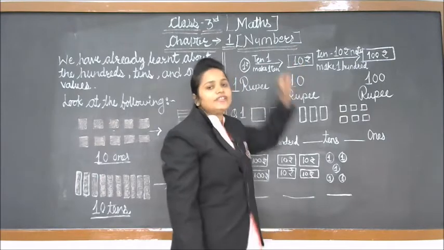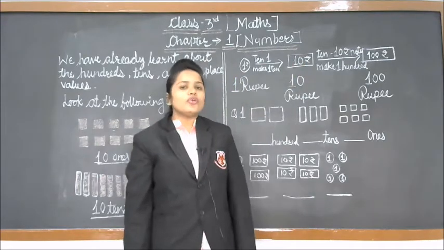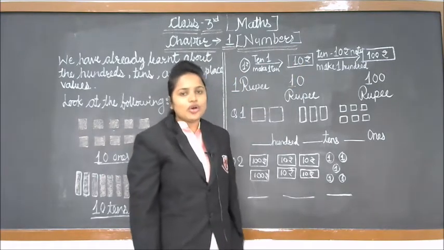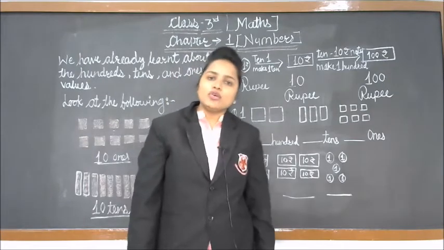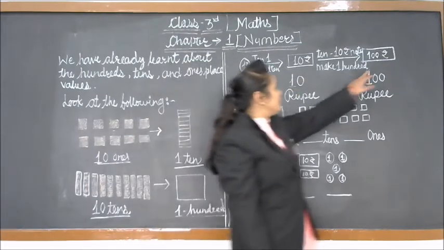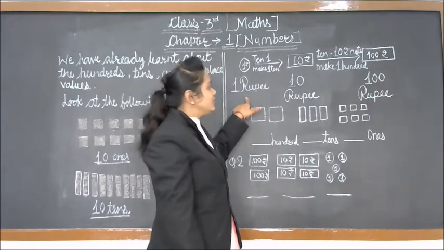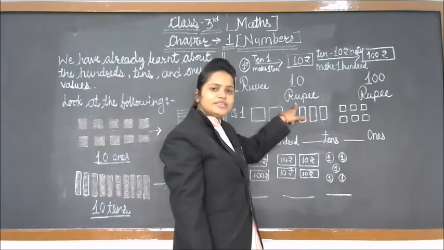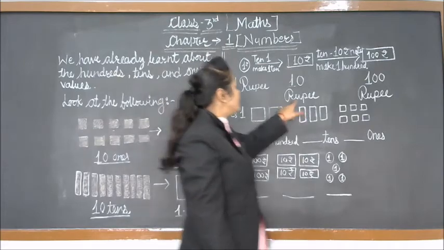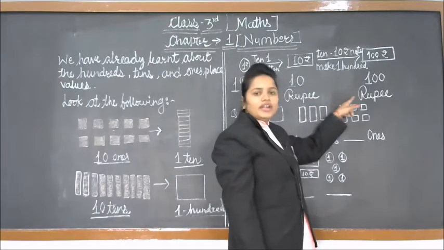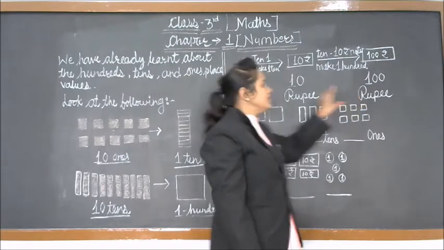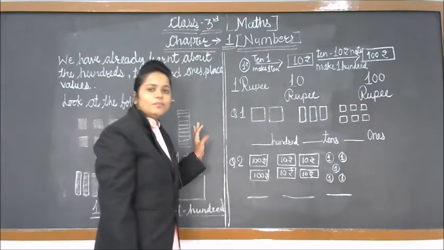If we have 10 rupees notes, students, how can you count 10 notes? Yes, it will become a 100 rupees note. 1 rupee converted into 10 rupees, and 10 rupees notes make 100 rupees. So like this we have to follow the method.